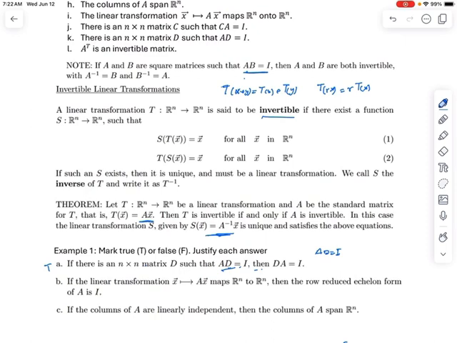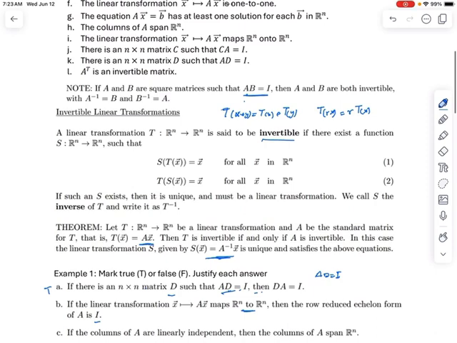Here we are assuming A is an n by n square matrix, and D is an n by n matrix as well. So A times D is equal to I, and then D times A is equal to I as well. Part B: if the linear transformation which takes x to Ax maps Rn to Rn, then the reduced row echelon form of A is I. Let's go back to the statement in the IMT.